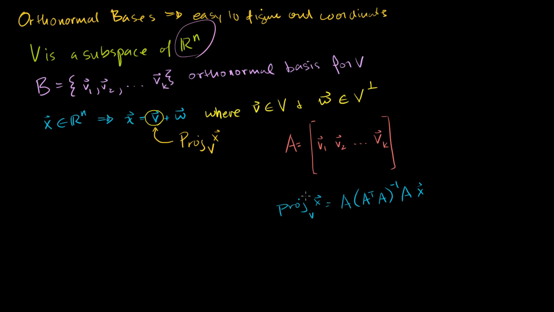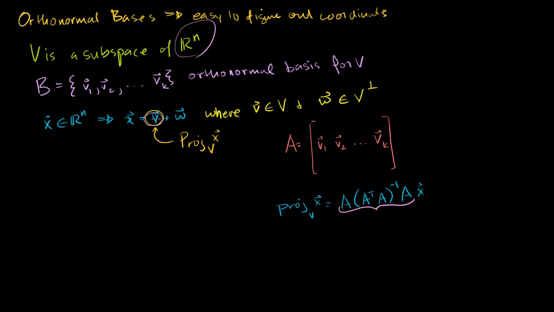And this was a pain to figure out. But let's see if the assumption that this is an orthonormal set in any way simplifies this. So the first thing we can do is just explore this a little bit.